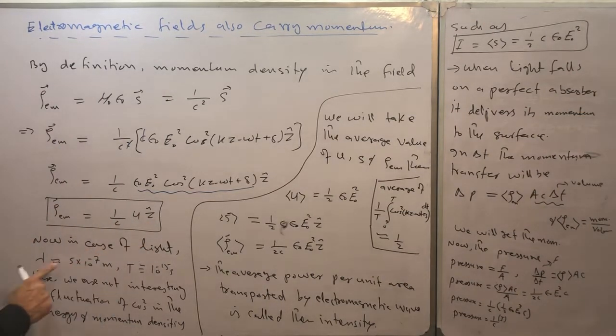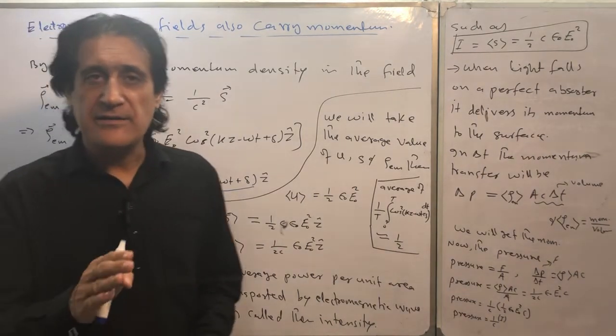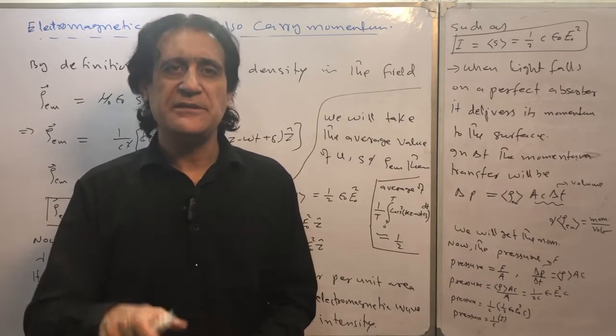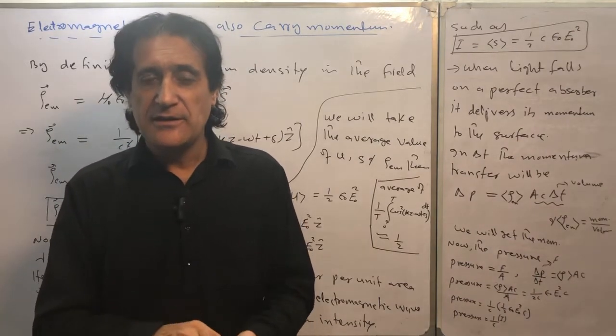Now, in the case of light, lambda is equal to 5 times 10 to the power minus 7 meter, and the time period of this light is 10 to the power minus 15 second. Here we are not interested in the fluctuation of cosine square in the energy and momentum density, the sine and cosine fluctuation of the field.